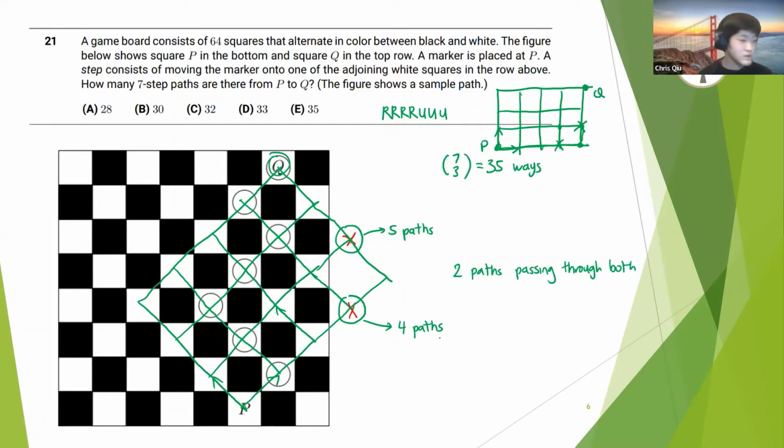And so here we can count the total number of paths that go through one of these 3 points to be 4 plus 5 minus 2, which is equal to 7.